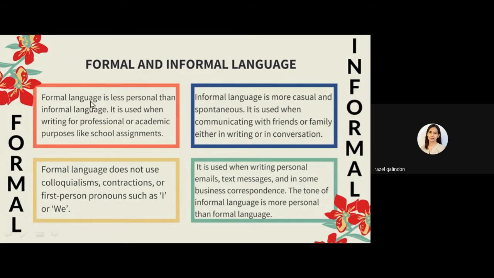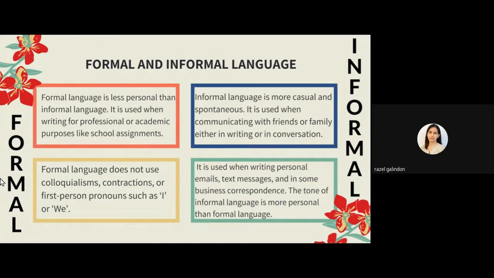So another difference, formal language does not use colloquialism. When we say colloquialism, slang words or yung salitang kalye, okay? Formal language does not use colloquialism. Contractions. When you say contractions, yung mga words na shortcut. Like for example, could not, ginagawang couldn't. Was not, ginawang wasn't.